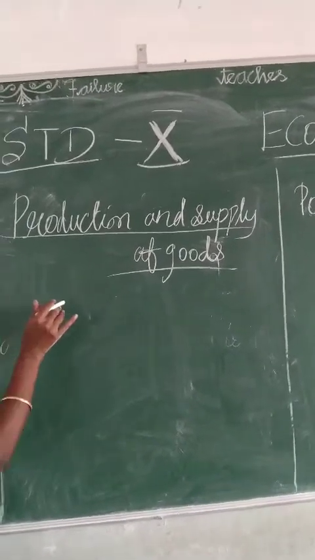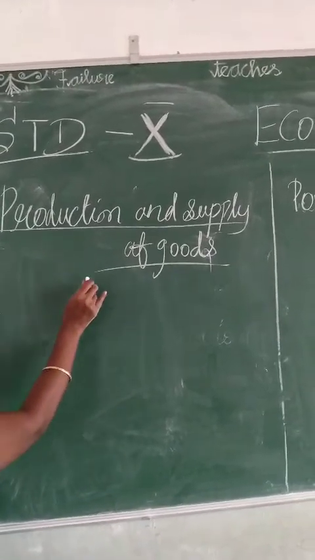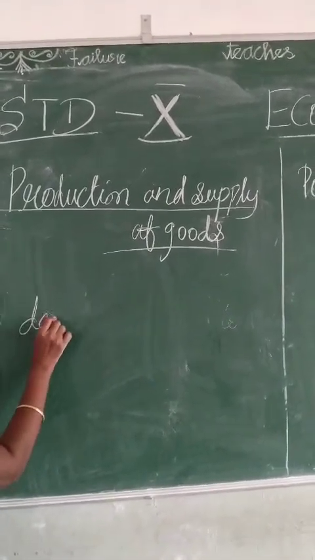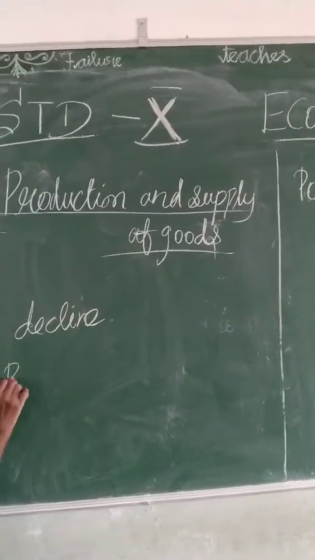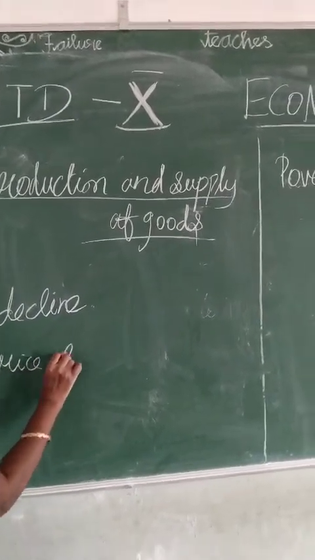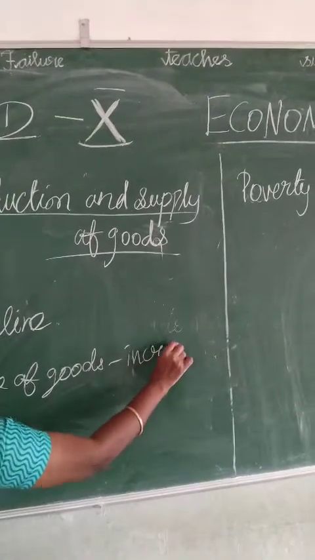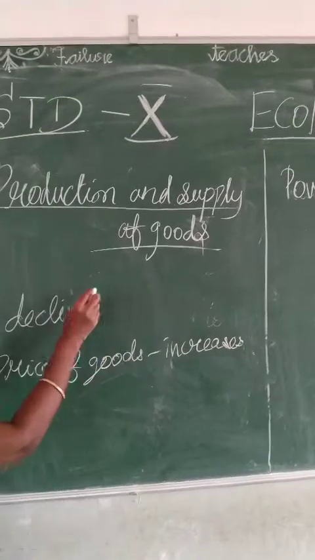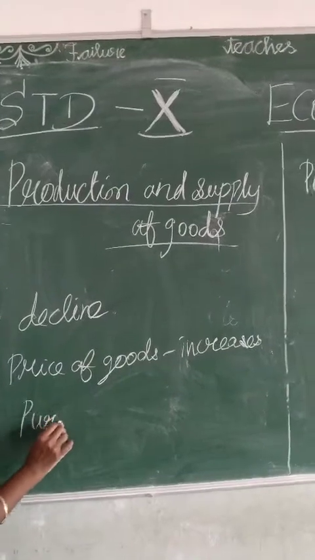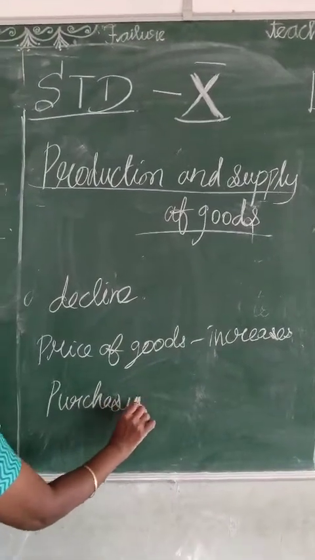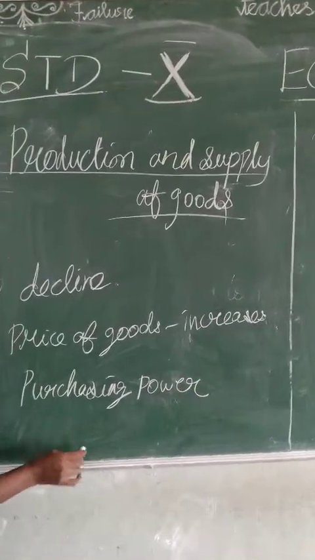When the production and supply of goods decline, the price of goods increases. Then the purchasing power is affected.